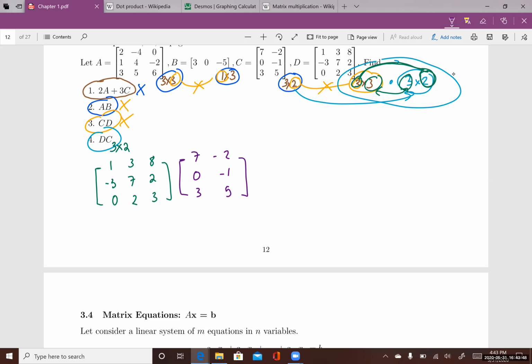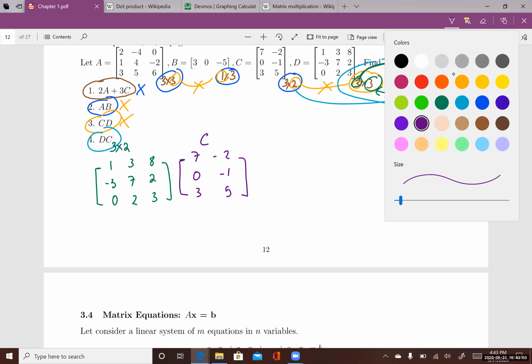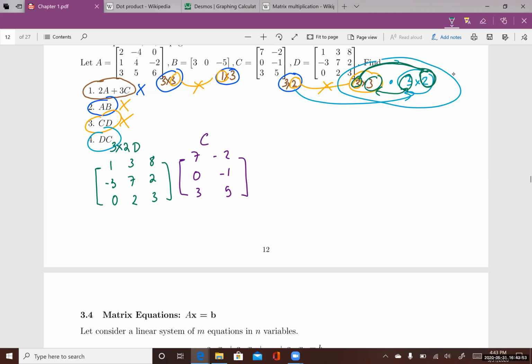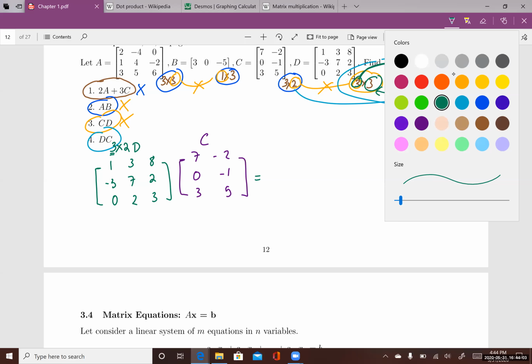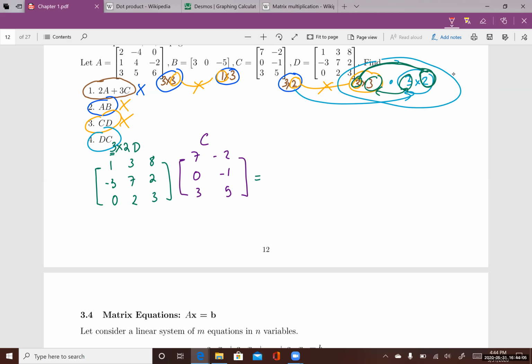The product will have 3 rows and 2 columns. So the total number of entries should be 6.